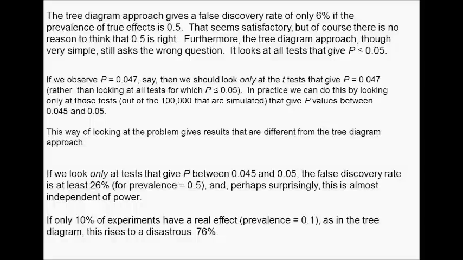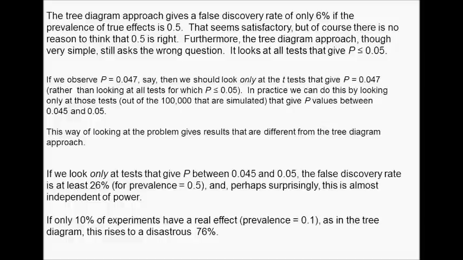Take the case where the prevalence of true effects in the population is 50%, because that in a sense is the most optimum case you can look at by the tree diagram approach. It gave only a 6% false discovery rate when you use a significance level of 0.05.